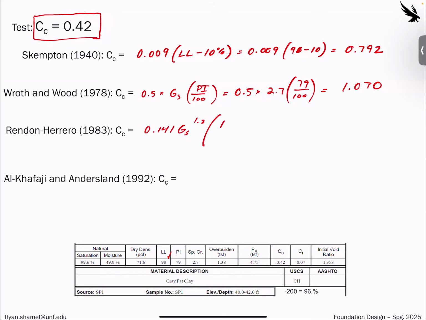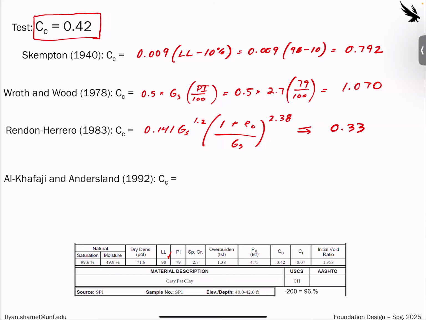So the equation that they're proposing is 1 plus the initial void ratio over specific gravity, and then it's like a power function, raised to these crazy exponents here. Yes, 1.2. Yep. So this one, you have more input variables and it looks fancier. So this actually gives 0.33. So we're getting a little bit better there. That's good, at least.